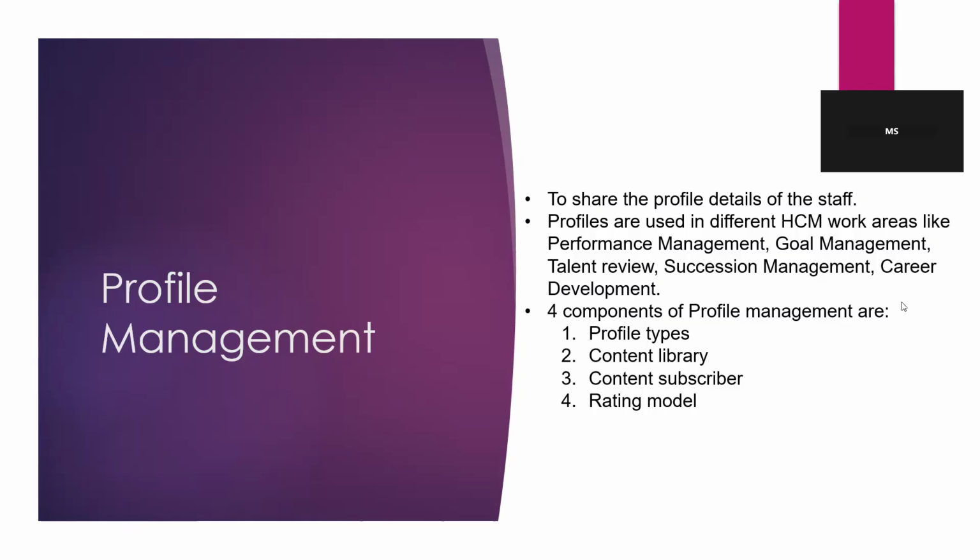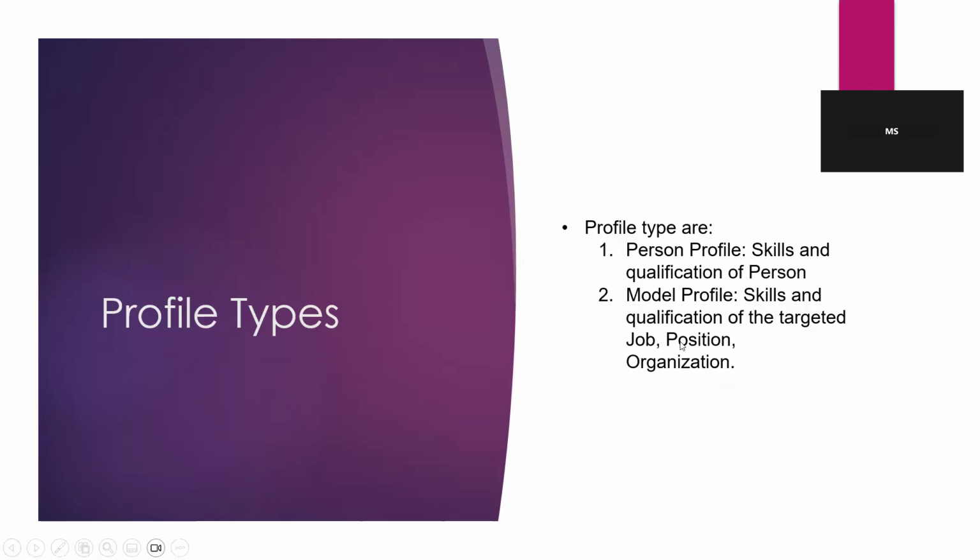So the first thing is profile types, which is to share the details in a timely fashion. In the person profiles, there are the skills and qualifications of a person, his education, his accomplishments, his competencies, and his certifications. Everything is recorded under the person.